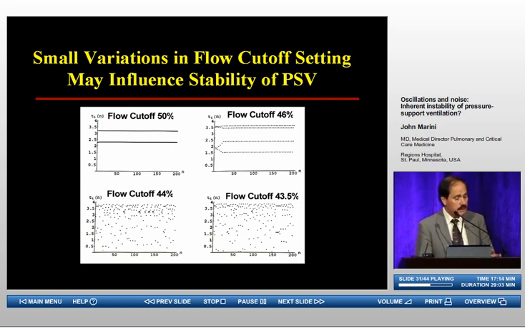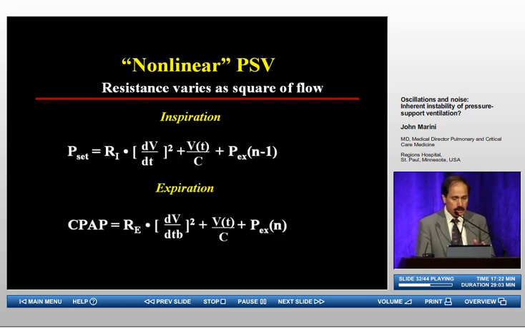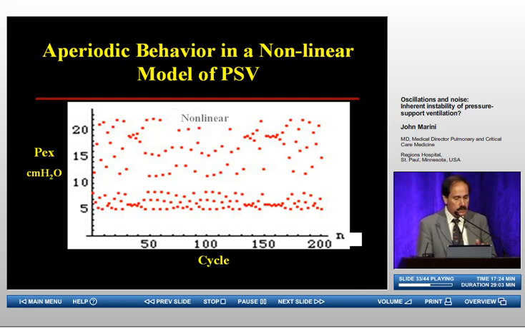You can see that a small change in what you select as your flow cutoff signal may be important. Let me go through that.